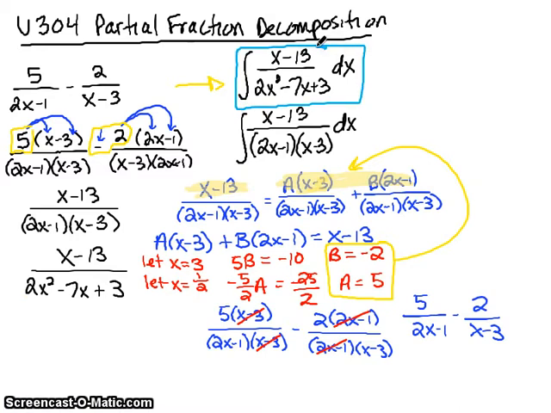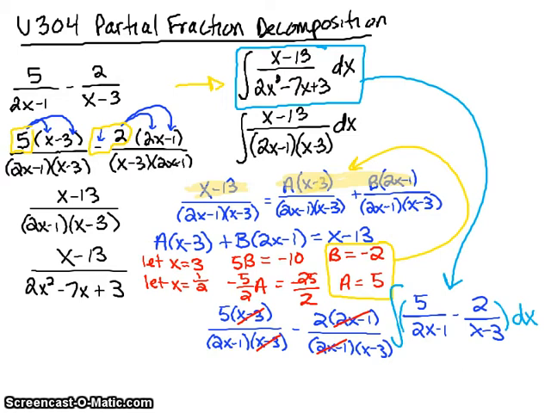Well, we did our partial fraction decomposition to rewrite the inside like this, so we can rewrite the entire problem as the antiderivative of 5 over 2x minus 1 minus 2 over x minus 3 with respect to x. Now I'm going to leave that anti-differentiation up to you, but all we would need to do is use a u substitution on each piece, and we're going to end up with some natural logs because we're going to have u in the denominator.